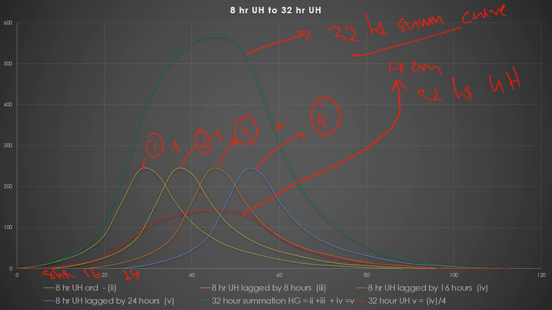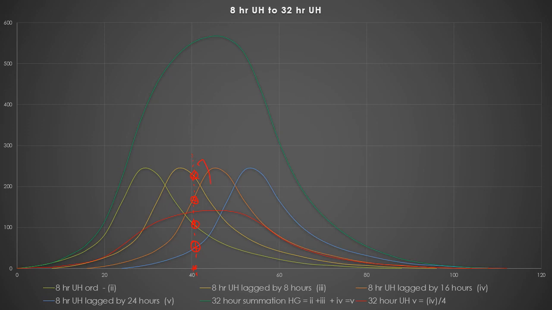In this graph also, the summation is attained simply by, for example, drawing a vertical line at any point on the x-axis, let us say at 40, and seeing which points on the curves get intersected by the vertical line. These 4 curves will intersect this vertical line at 4 points.